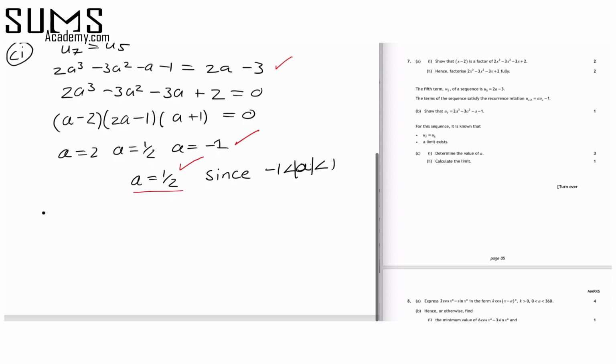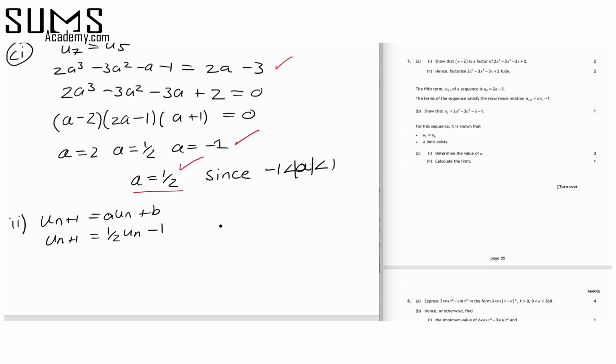So part C, Cii, for 1 mark, calculate the limit. Well, we know that un plus 1 equals a un plus b, and now that we know the value of a, we can go un plus 1 equals 1/2 un minus 1, and that's just from our expression over here.